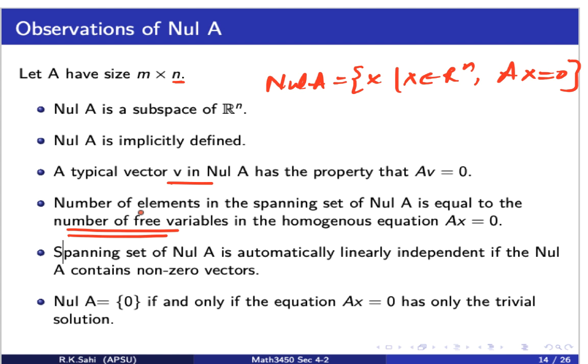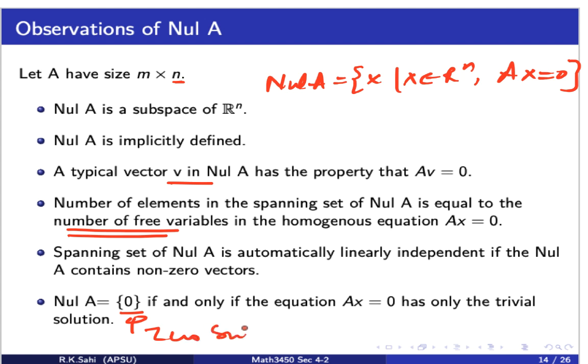Finally, if my null space is only consisting of the 0 vector, or it is the 0 subspace, then the equation Ax equal to 0 has only the trivial solution. Remember, this means it is the 0 subspace. We know the null space is always a subspace.